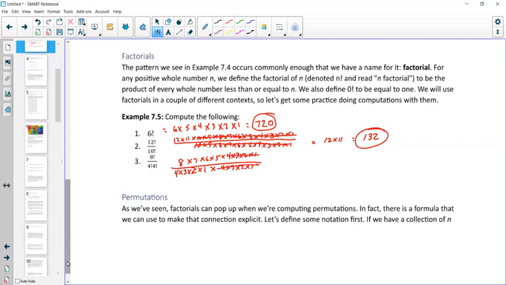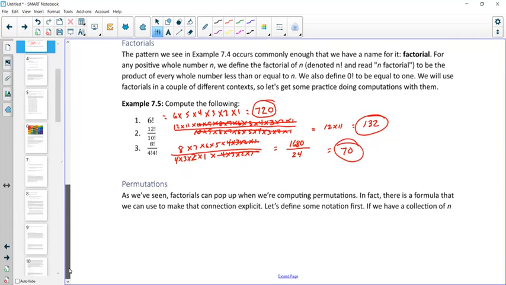This and this cancels out. 4 times 3 times 2 times 1 is 24. 8 times 7 times 6 times 5 is 1,680. Divide by the 24, and I get 70. And that's how this works.